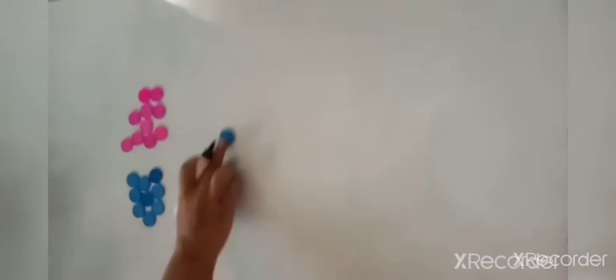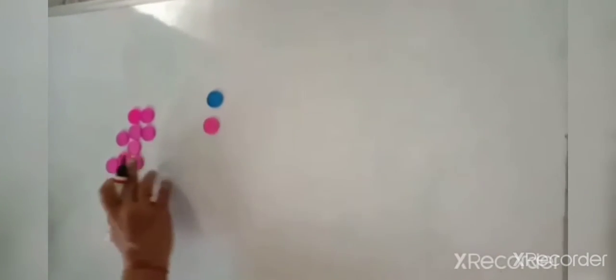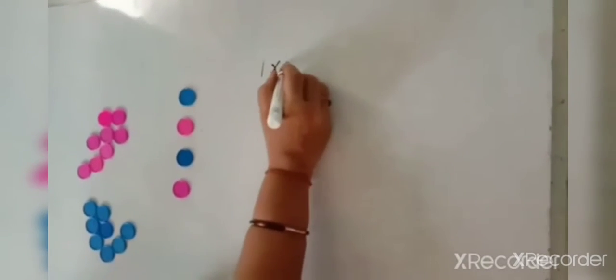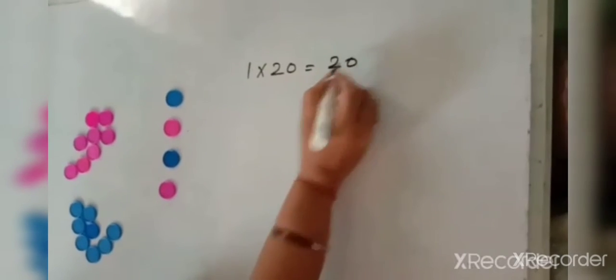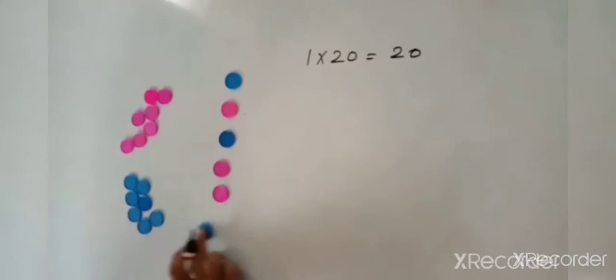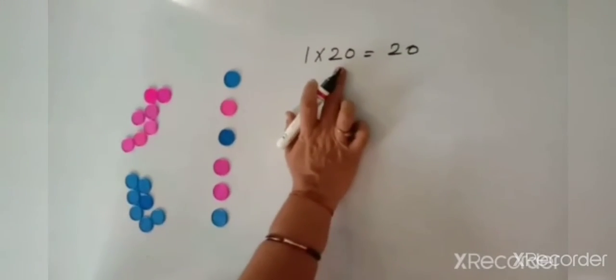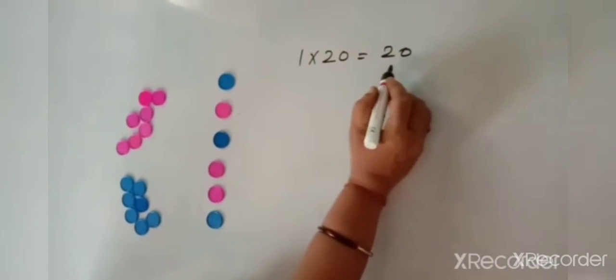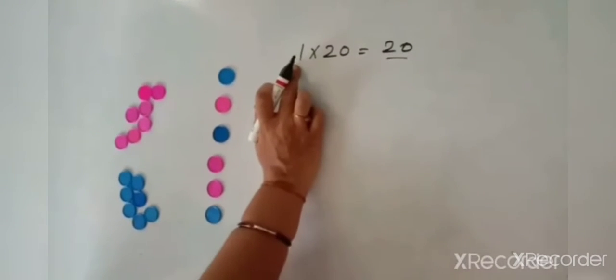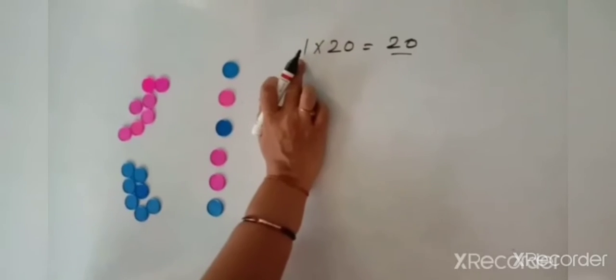Now these 20 coins, if I arrange one coin in each row, I'll be getting 20 rows. That means 1 into 20 is equal to 20. So the number 20 is completely divisible by the number 1.